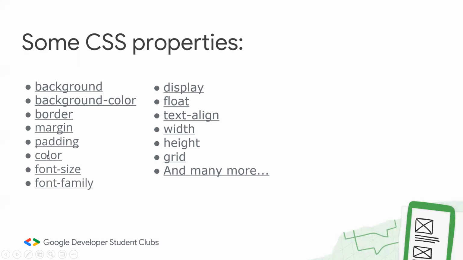We've got color for the font color, font size, font family. Display helps you decide how to display elements in your page. Float, if you want to float something to the right or to the left. Text align, width, height, and grid, and many more.